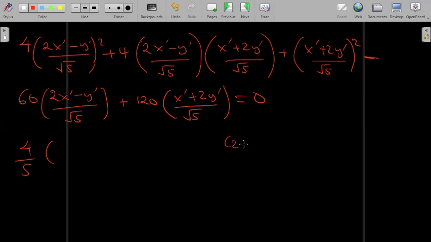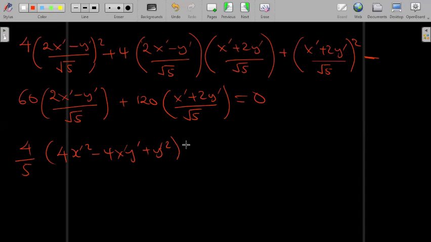So I multiply this 2x prime minus y prime. Since it's squaring, I'm multiplying this by itself, and you know how to expand this. So inside you'll have 4x prime squared, then minus 4x prime y prime plus y prime squared.